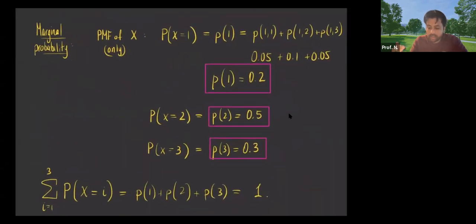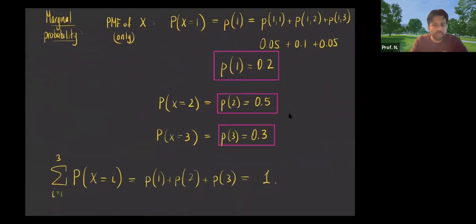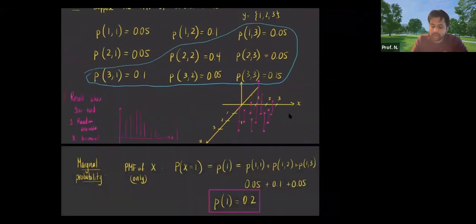In relation to the joint distribution, we also talked about the marginal density, or in this case, a marginal probability function, which is just saying: if I want to find the PMF only of X, can I get that from the joint distribution? And the answer is yes. If I want to find, for example, the probability that X equals 1, I have to sum up all the probabilities where X equals 1, adding up the probabilities for when Y equals 1, 2, and 3.